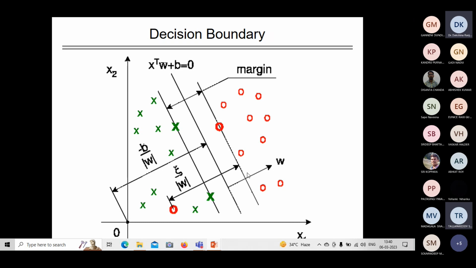If there are any misclassifications, then for those points we will get the misclassification error, and that error will be added to the overall error. But if no misclassification happens, then we will get the margin to be maximized, and in the middle of the margin we will get the optimal hyperplane.